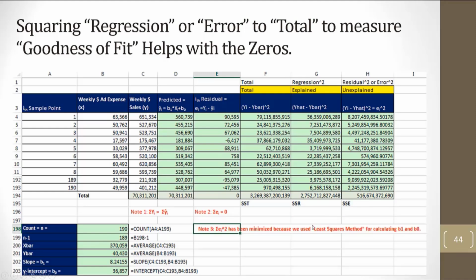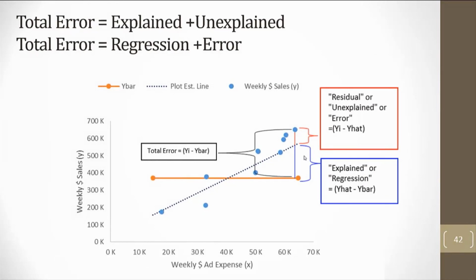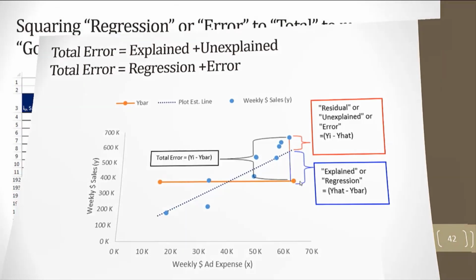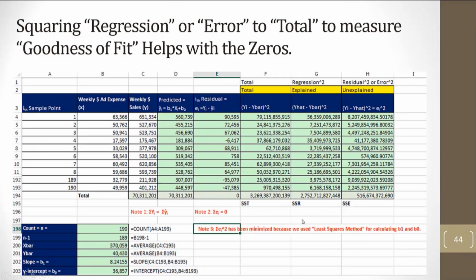Now, there's an important relationship between these. Remember, if we go back a slide here, two parts make the whole. If you add the individual error to the individual regression, when you add them up, you get exactly the total. If we go back to slide 44, that's the same relationship here.